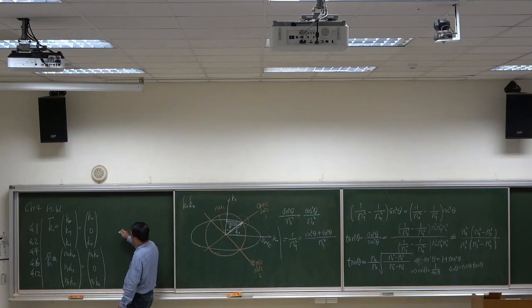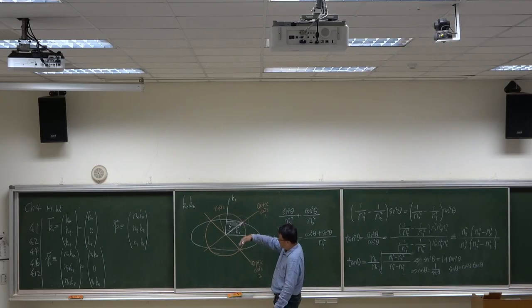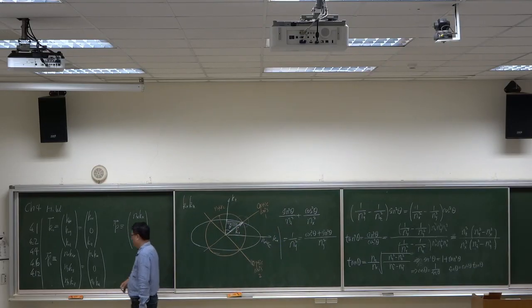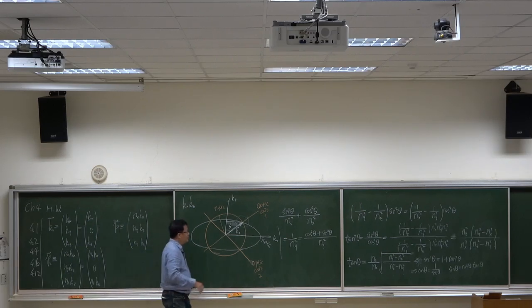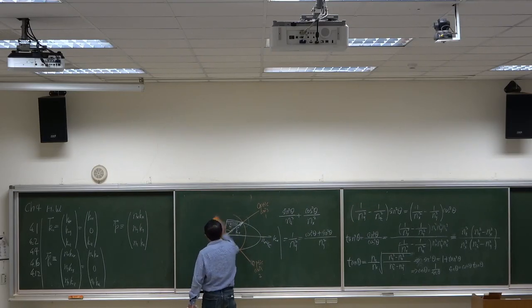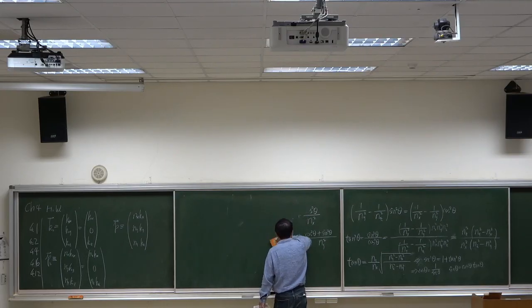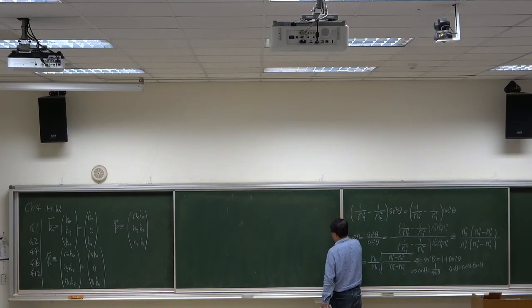By the way, I also define P as nx times arbitrary kx, ny times arbitrary ky, and nz times arbitrary kz. I define P having these three components. So now I try to derive the cone equation from the normal surface equation. Okay.